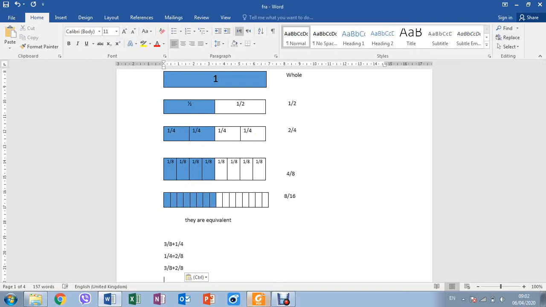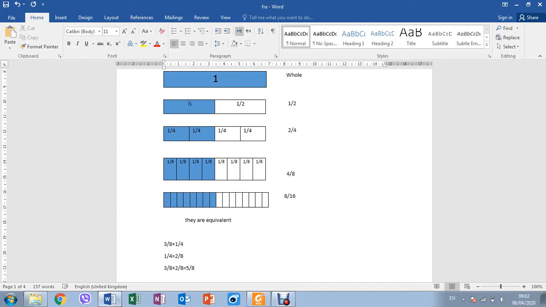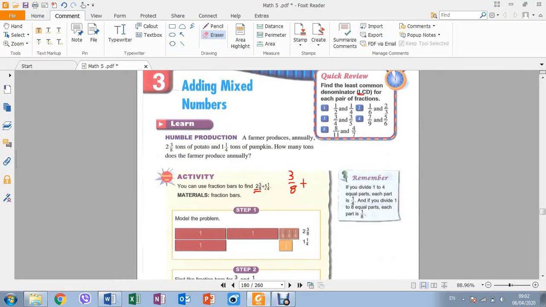Now we have the same denominator. 8 is 8, we don't touch it. We only add the numerators. 3 plus 2 is 5, so 5/8. We know our denominator is 8, so instead of 1/4 we use 2/8, because it is equivalent to 2/8.